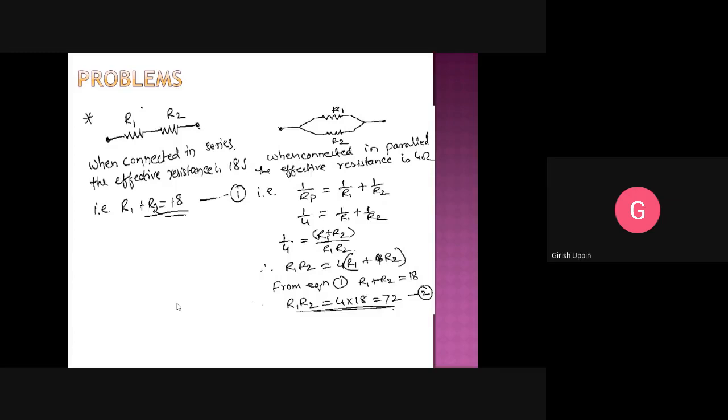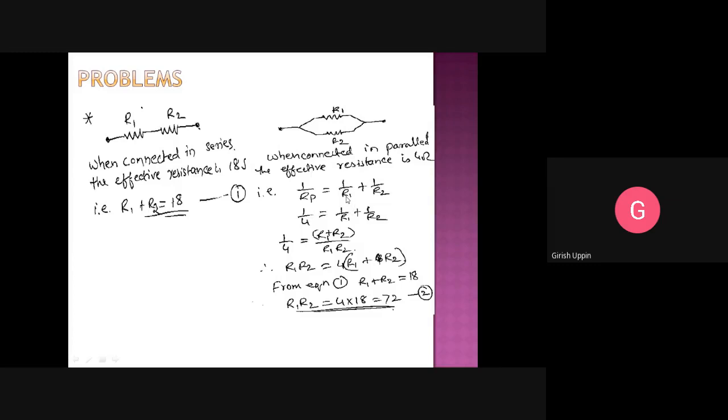The right hand side is a reciprocal value. It is the value of 1 by RP. It is not RP. At the end, they make this common mistake. They directly write RP is equal to that much ohm and do the further calculation. That time everything goes wrong. So I have told a very simple technique. The equivalent resistance value RP would be less than one of these resistors.